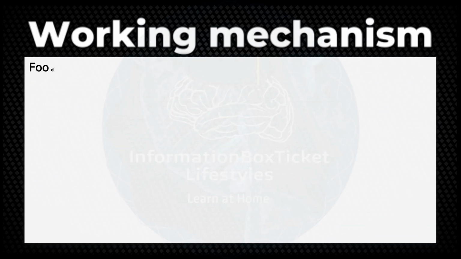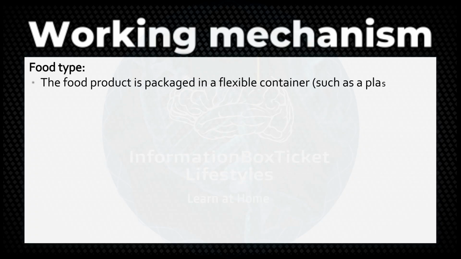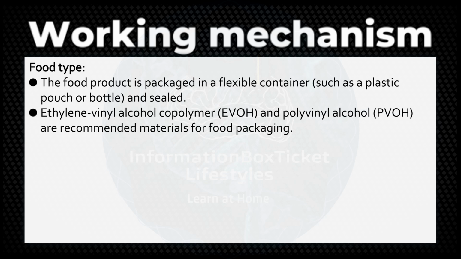Working mechanism of high-pressure processing. The food product is packaged in a flexible container, such as a plastic pouch or bottle, and sealed. Ethylene vinyl alcohol copolymer and polyvinyl alcohol are recommended materials for food packaging.